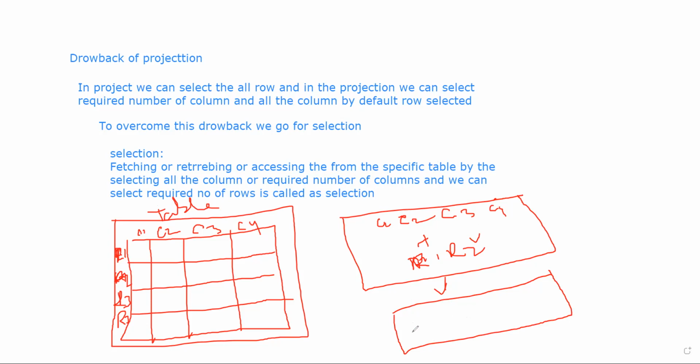We can also select the required number of columns, meaning C1 and C2 I just want to display, plus the required rows, R1 and R2. I want to fetch only these, rows and columns. Understood? This is the selection, this is the advantage of selection.